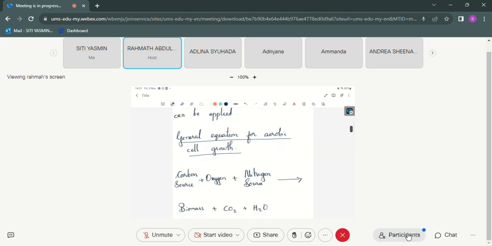Next we are moving on to the general equation for aerobic cell growth. From this session, we'll focus more on the stoichiometry of microbial cell growth.